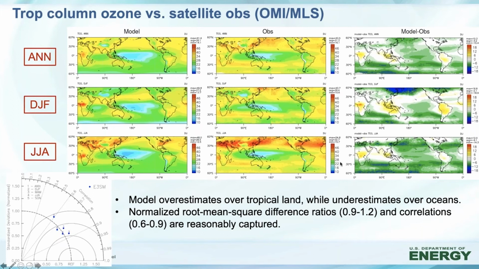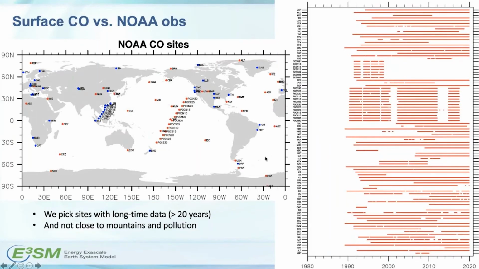So the model is reasonably working for the tropospheric chemistry, and then we also look at the CO at surface compared to NOAA observations. On the left shows the NOAA sites. It has very good global coverage. The red ones are the ones with a longer time period, which is shown on the right-hand side.